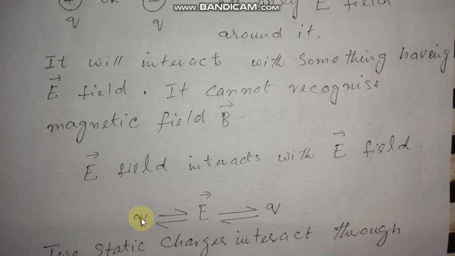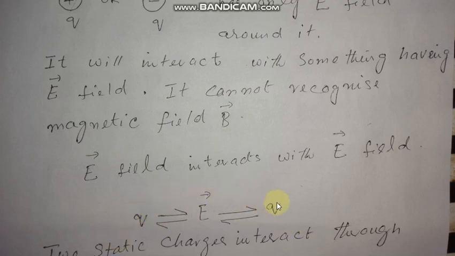That is, a charge q produces an electric field around itself, and then that electric field interacts with the other charge which also has an electric field E. So E is the factor with the help of which these two charges interact with each other.